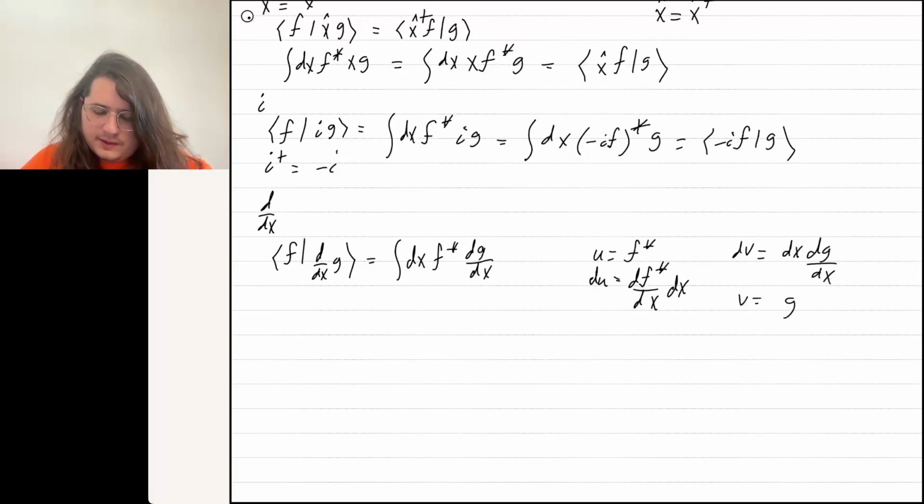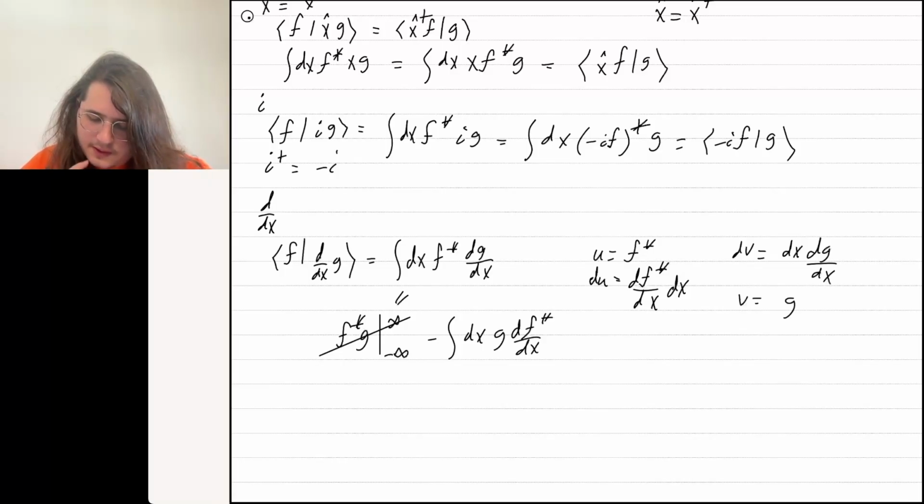So you would rewrite this integral as uv, f star g, integrated at the endpoints, which should go to 0 if they're both well-defined wave functions, minus the integral dx of v du, which in this case is g df star dx.